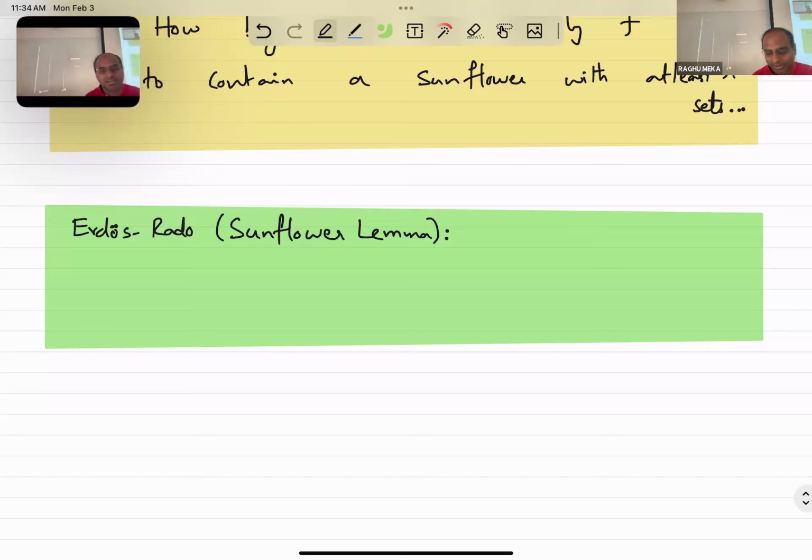I think it's K factorial. If the size of F is more than something, then F contains, oh, actually, let me write it properly.